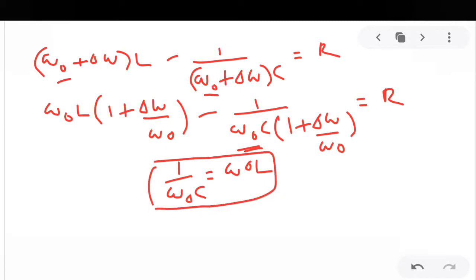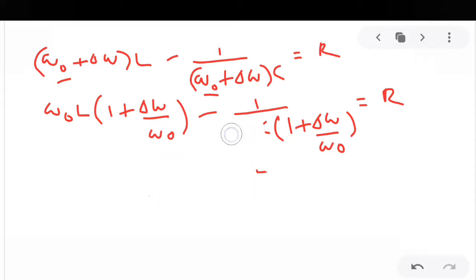So this 1 by omega naught C can be replaced by omega naught L. Make that replacement here.